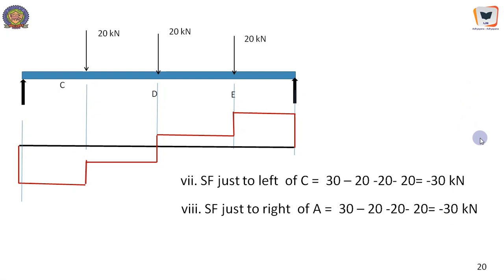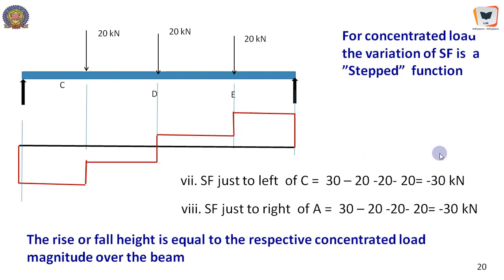And it's very important to observe whenever a simply supported beam, or any beam as a matter of fact, is loaded with only concentrated loads, the shear force distribution diagram will look like steps. It's a stepped function with rises and falls. The rise or fall height is equal to the respective concentrated load magnitude over the beam.